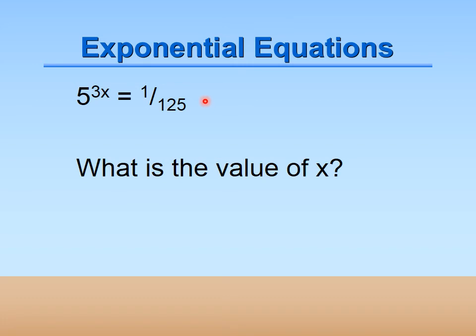That doesn't help us. We want to move 5 to the third power to the numerator. So we have to make our exponent negative. So it'll become 5 to the negative third power. And so 3x equals negative 3. So divide each side by 3, and you get x equals negative 1.